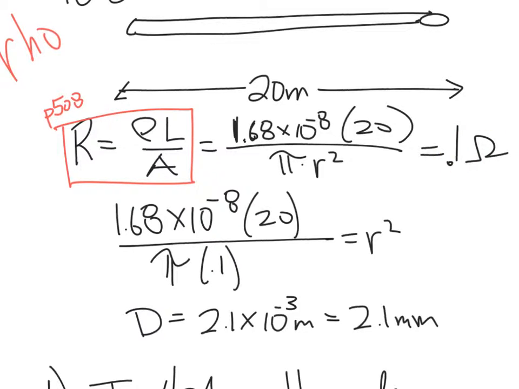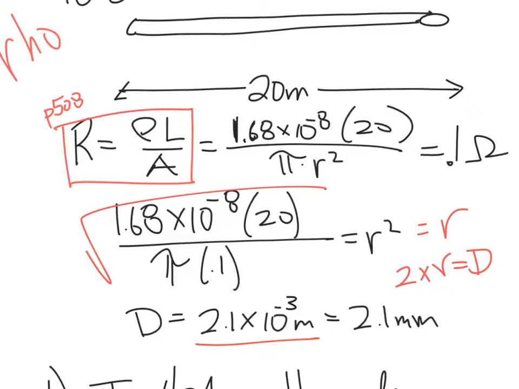So if we do some solving, I multiplied by r squared, divided by 0.1, and took the square root to get radius, then multiply by 2 to get diameter, and we should end up with this, which is 2.1 millimeters, which is reasonable for the diameter of a wire.